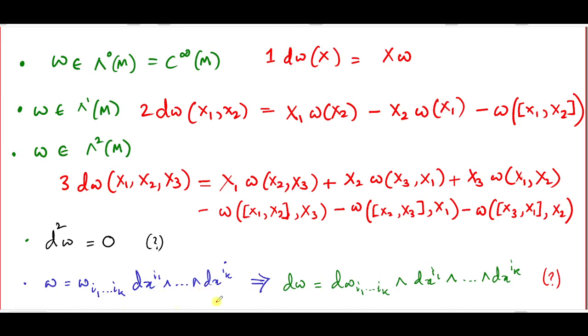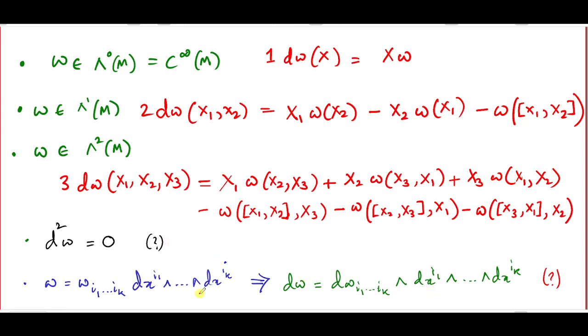Now, if this representation is used, it turns out that d omega, the exterior derivative, has this very, very special and simple form. You just do an exterior derivative on omega I1 through ik, the component function, which essentially means you just calculate its differential one form and wedge that with the rest of the dxi's here.